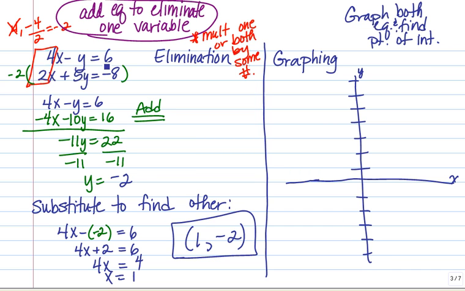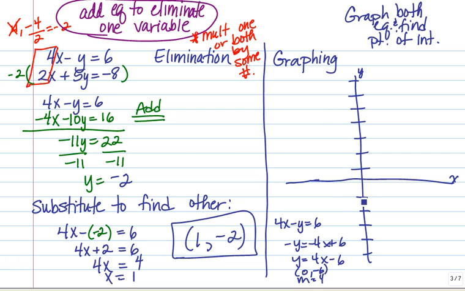We can start at the y-intercept, but it's not in that form. We'd have to solve it for y. It's not in slope-intercept form. If we solve it for y, we get negative y equals negative 4x plus 6. So divide by negative 1 to get y equals 4x minus 6. So the y-intercept is negative 6, and the slope is 4.